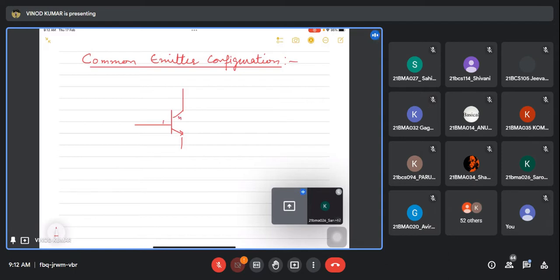This is suppose NPN. This is VBB. This is VCC. And if I talk about this voltage, this is base emitter voltage.